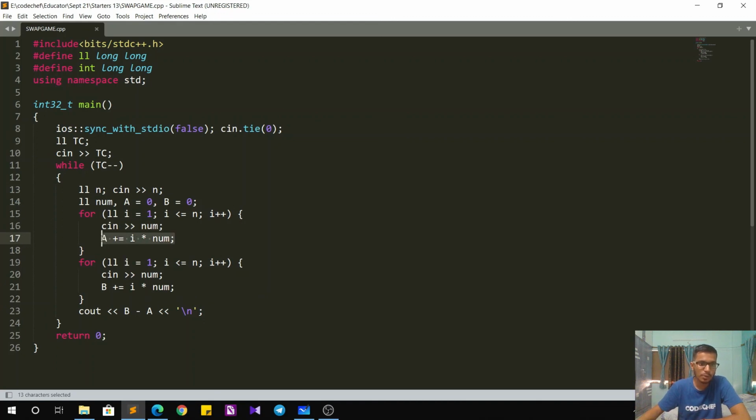So A plus equals to i, and you can assume this num is basically A of i. Similarly, I run again a for loop for the B array. I take its input but store it in a temporary variable for each index and calculate the value of B. So B plus equals to i into num, which is basically i into B of i. And finally, I just output B minus A.